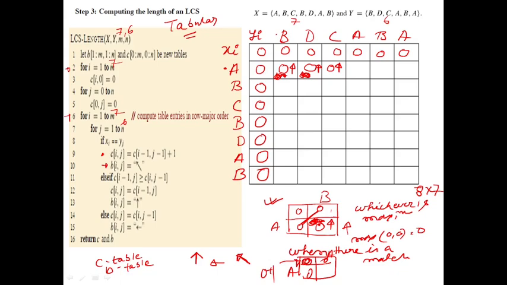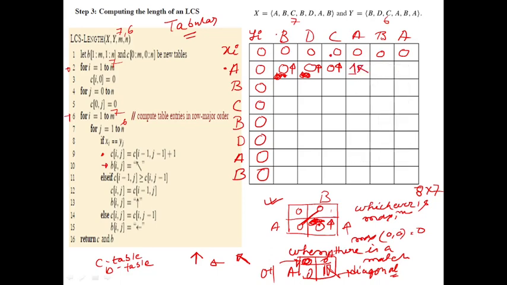Let's say this is 2, so 2 plus 1, 3. So 0 plus 1, 1. And then you have to put a diagonal arrow. This is very important. Whenever there is a match, A and A is matching, and then 0 plus 1, 1 you have to put, and then diagonally. Diagonal you have to put whenever there is a match. So A and A is matching, so this 0 plus 1, which is 1, and then you put a diagonal arrow here.